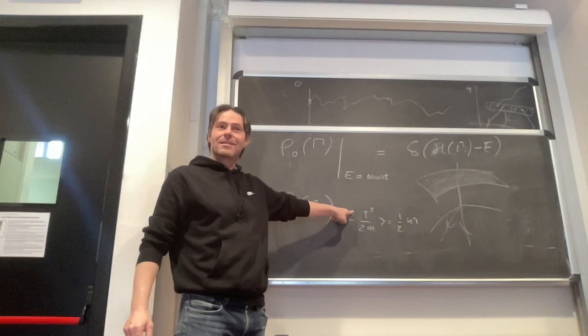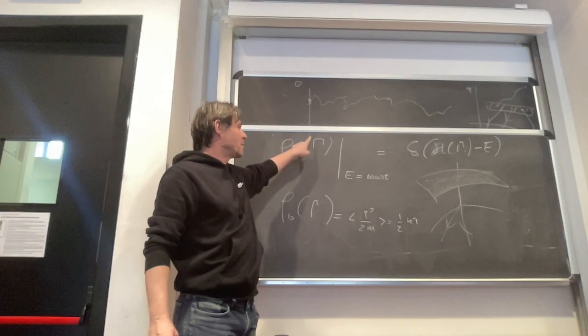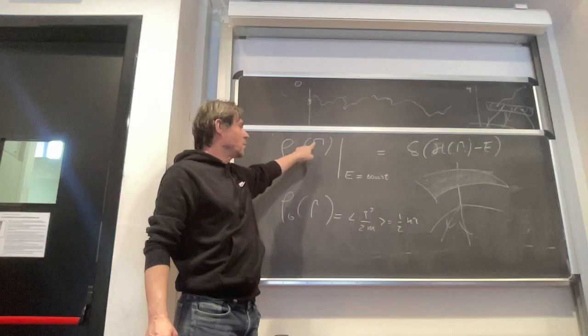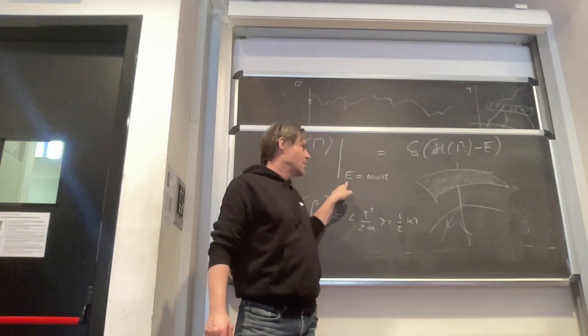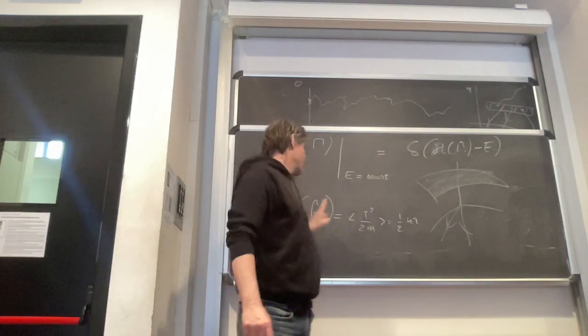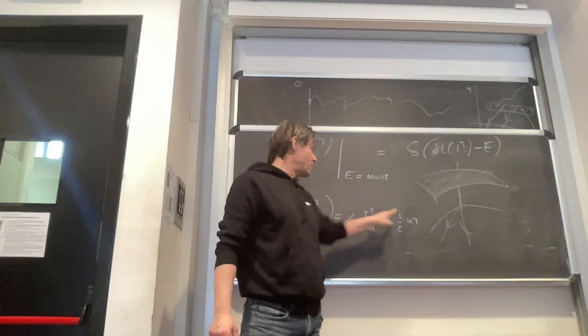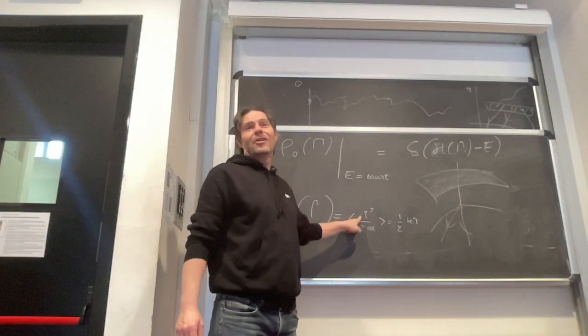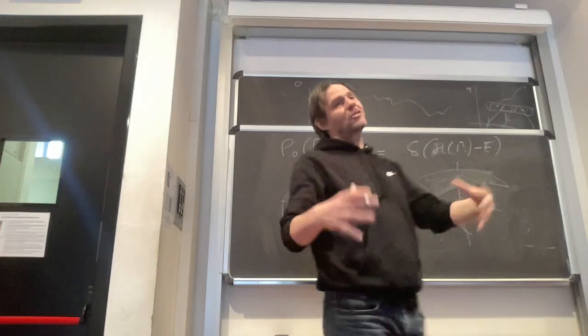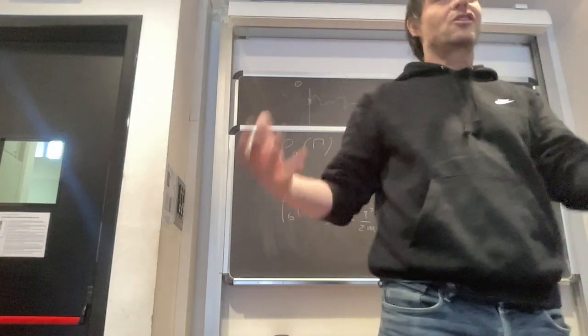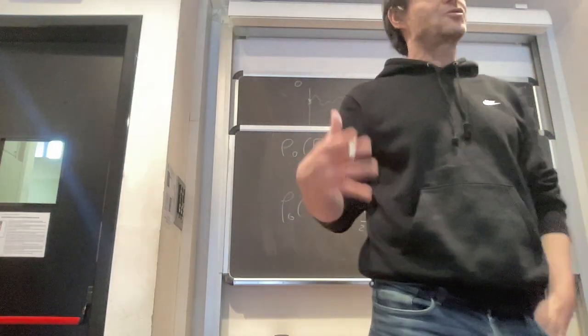A surface with constant energy will give me the ergodic surface. A distribution with constant average value of the momenta is equivalent to putting your system in contact with a heat bath that will exchange heat but will maintain the temperature constant.